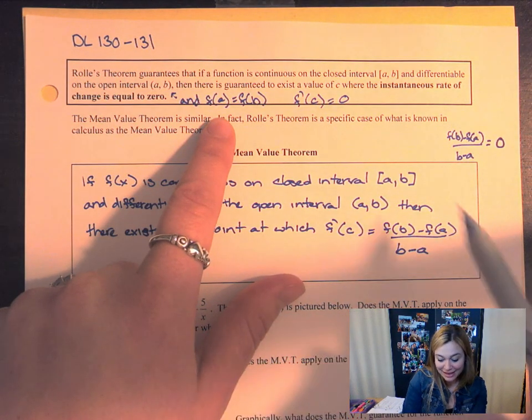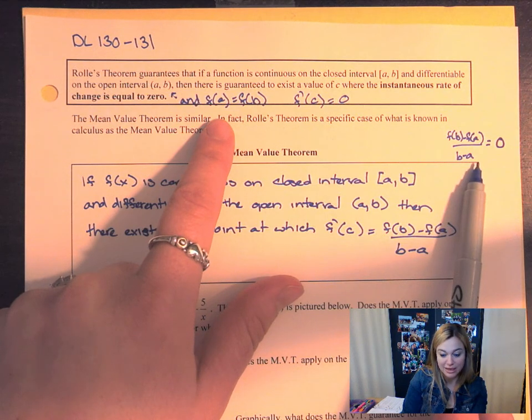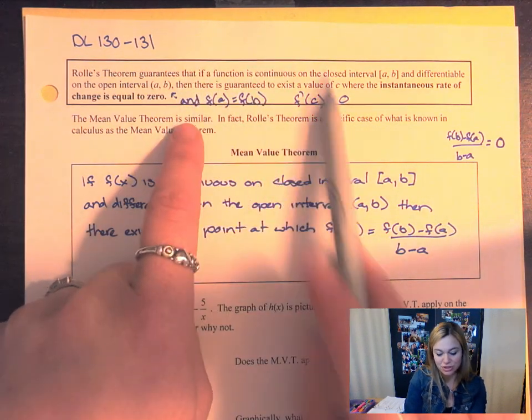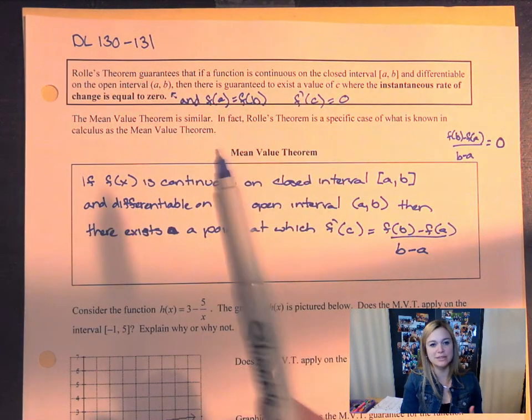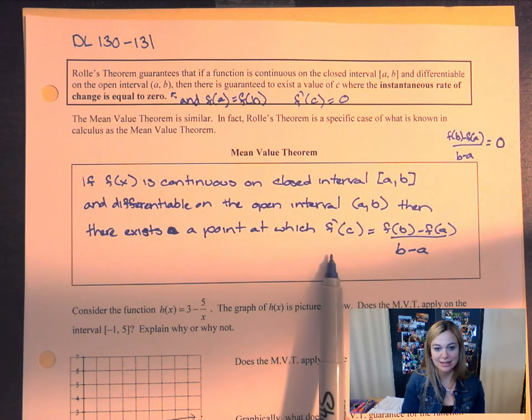So the average rate of change, because f of a is equal to f of b, is equal to the instantaneous. This is really just a corollary, an offshoot of MVT. So this is the mean value theorem: the average rate of change is equal to the instantaneous rate of change.